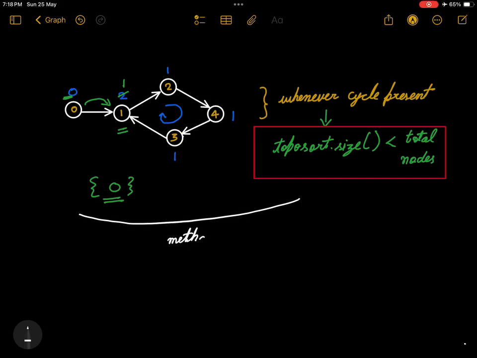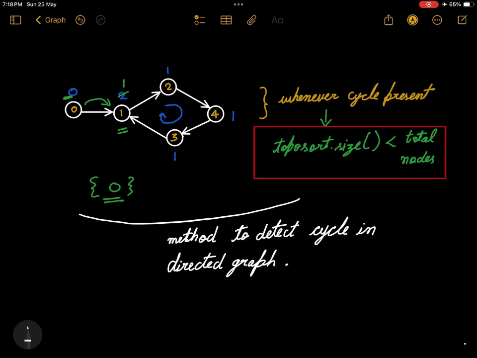So here you can see that we will perform the topo sort, and whenever there is a cycle present in the directed graph, the size of the topo sort will always be less than the number of nodes. And we can't have a topological sort in order in our graph. So it's a byproduct of the topo sort, Kahn's algorithm. So that simple it is.